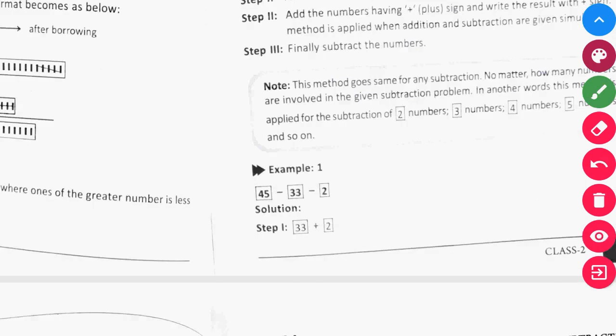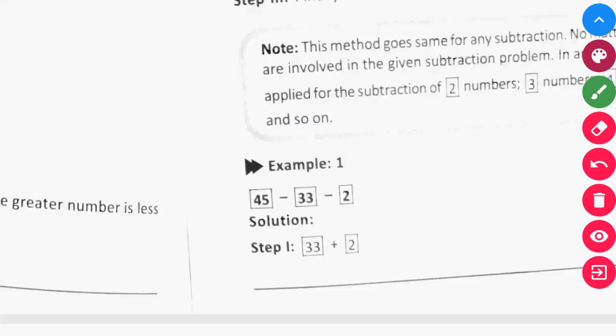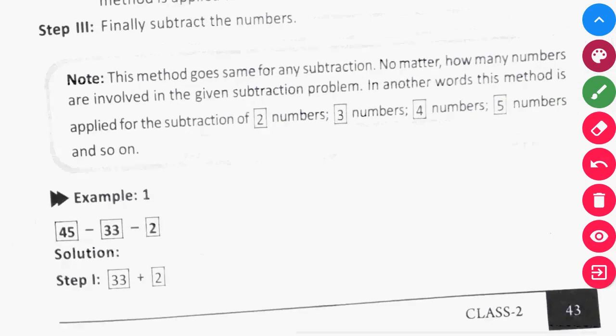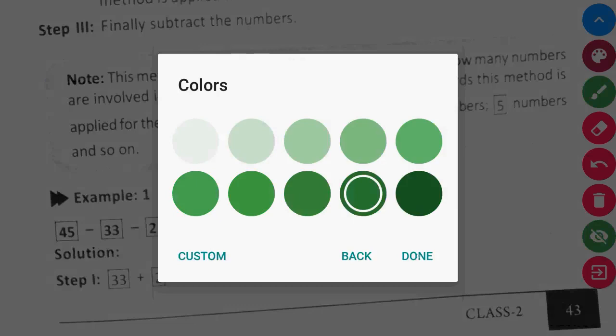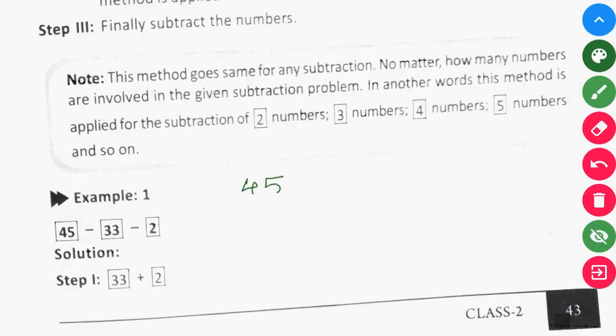Now while talking about subtraction of three numbers, see in this example we have to subtract 33 from 45 and 2 also. So 45 minus 33 minus 2. Now there is a method.